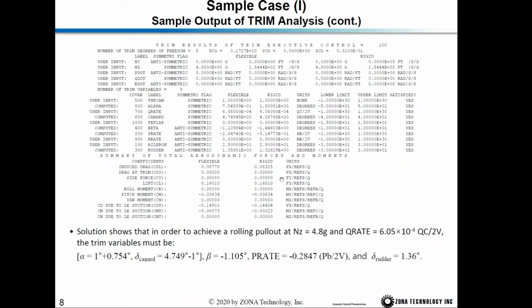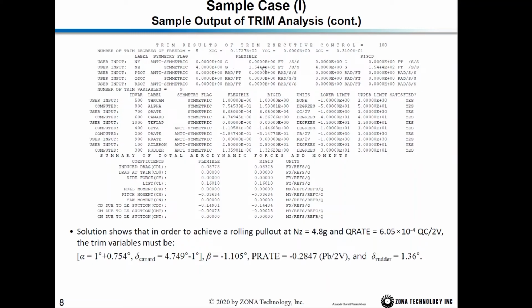Okay. And after that, you will print out the trim solution. First, you will print out the trim degrees of freedom, and NX, NY, NZ, P dot, Q dot are all user input. Okay, it's given. So we give 4G here, and others are 0.